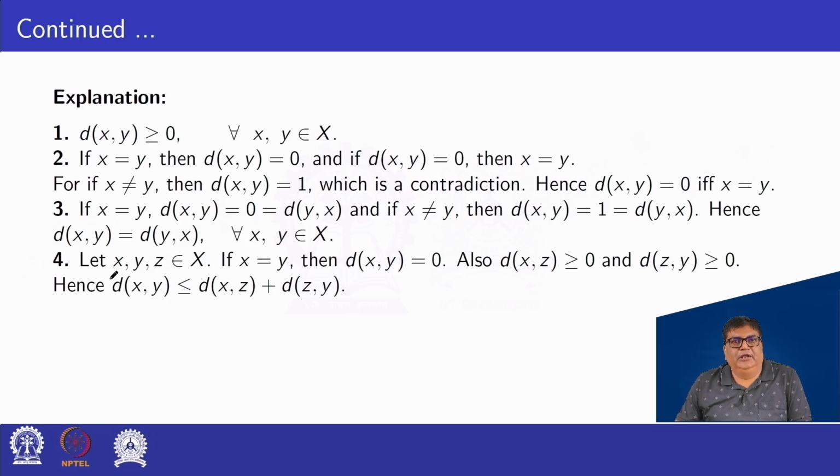Fourth condition: if x, y, z are elements of X, if x is equal to y, then dxy is equal to 0. But dxz is greater or equal to 0 and dzy is greater or equal to 0.